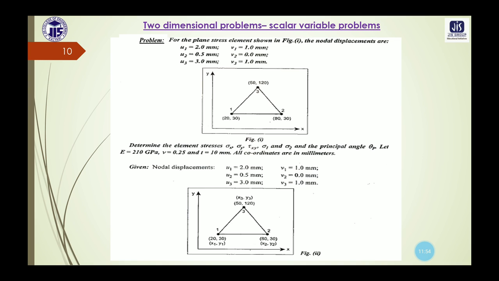We need to determine the element stresses sigma x, sigma y, tau xy, sigma 1 and sigma 2, and the principal angle theta p. Some data are given in this numerical: Young's modulus is 210 gigapascal, Poisson's ratio is 0.25, the thickness T is 10 millimeter, and all coordinates are in millimeters.